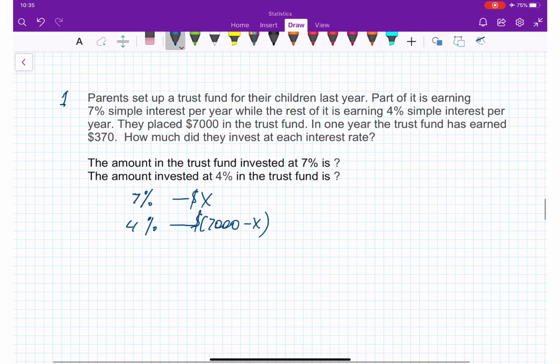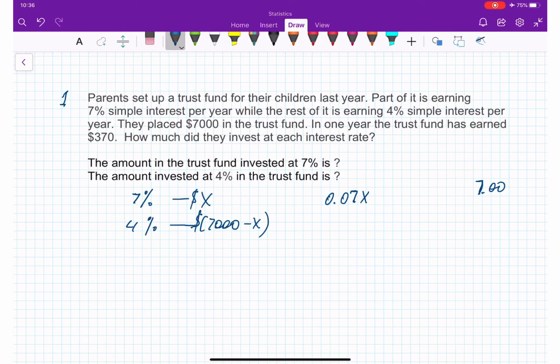Okay, so if invested X amount of dollars for 7%, how much is that 7% going to make? It's going to make 0.07x, right? The total amount multiplied by percentage. But because we are operating in the decimal format, to convert percentage into decimal format, we divide 7 by 100. So you either literally divide by 100 or you take the decimal notation right here.